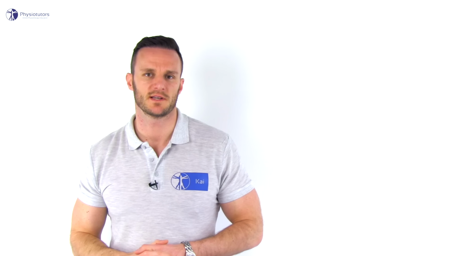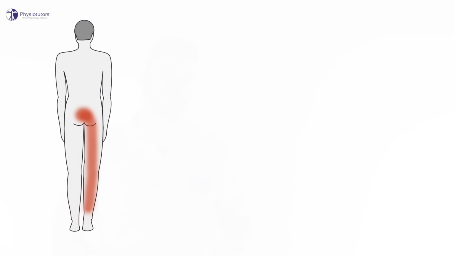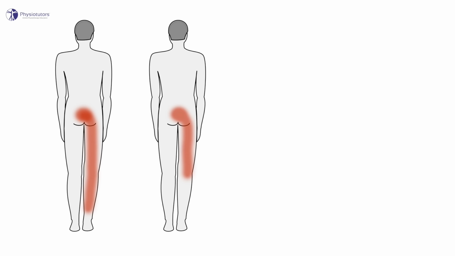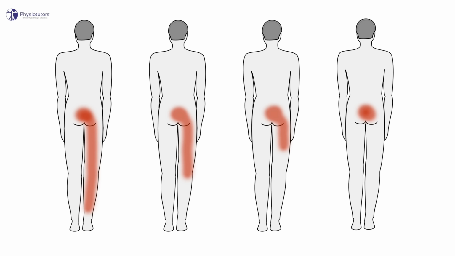The McKenzie concept also talks about the phenomenon of centralization. Centralization is a symptom response to repeated movements which is characterized by the abolition of spinal pain and referred spinal pain symptoms in a distal to proximal direction. According to the review of May, 44% of patients presented with centralization.